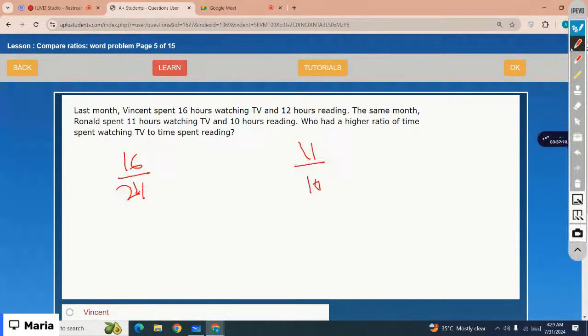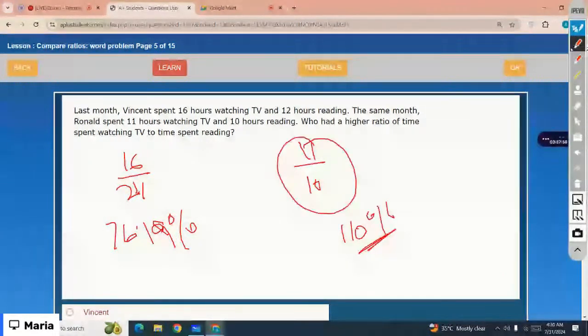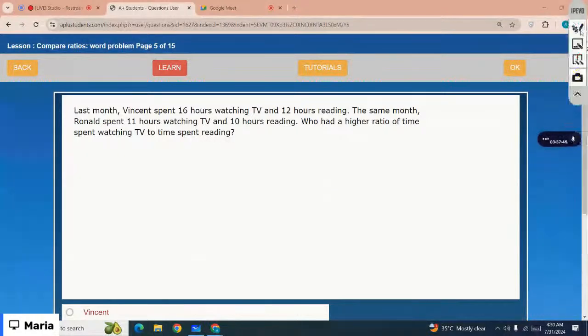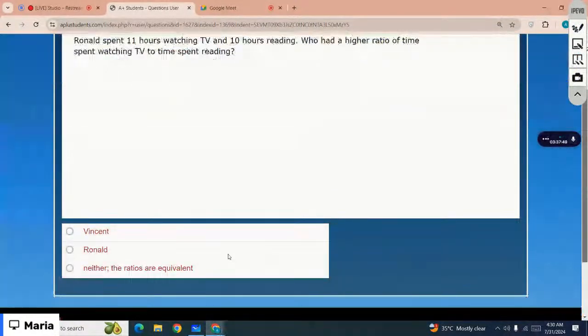Write the answer. 16 over 21 is 76.19%. Simply multiply it by 100. Ronald has the higher ratio. The correct option is Ronald, option number 2, right?